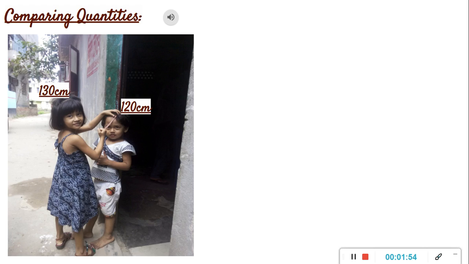Now, when you ask who is taller, what are you trying to ask? Basically, whose height is more? So, you are basically comparing these two numbers, right? What are the numbers? 130 centimeter and 120 centimeter. So, out of these two numbers, whichever is more, that person is taller, right?